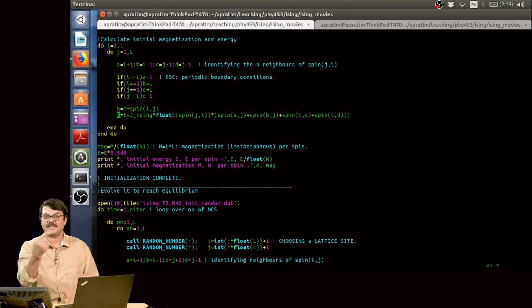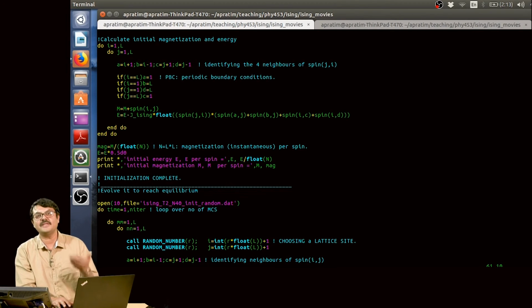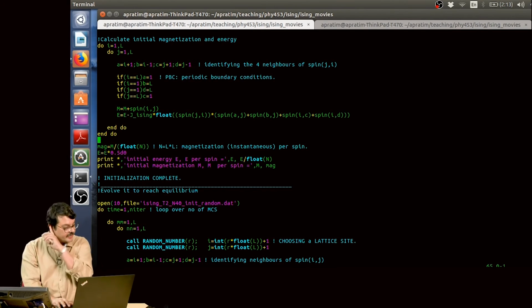Then of course, you go to the next lattice site and again identify its neighbors, calculate the energy of the interaction, and you add it to E. So, I am saying add, though there is the minus sign here, because the Hamiltonian itself comes with minus J summation S_i dot S_j, and that is all that I am implementing here.